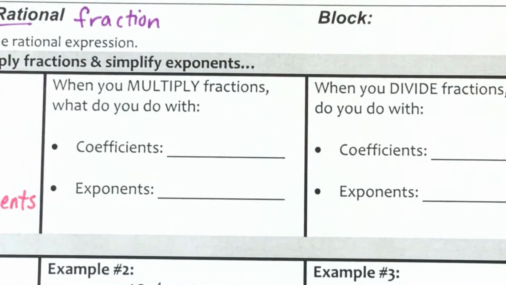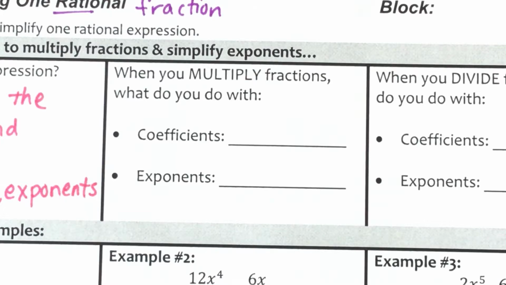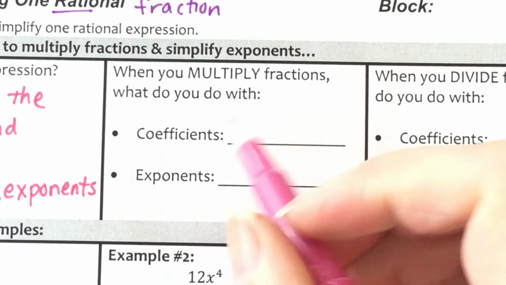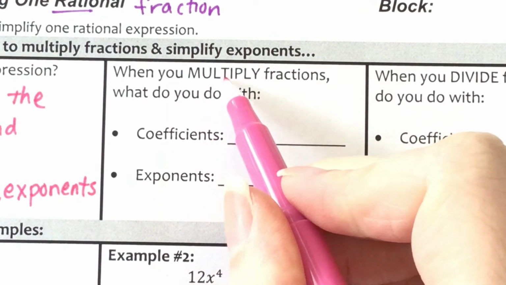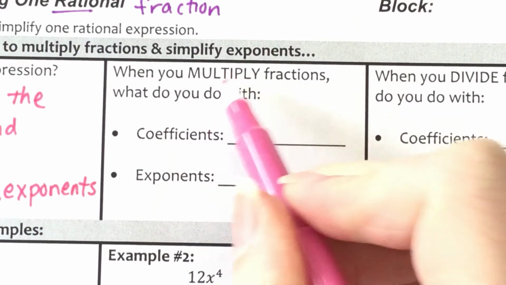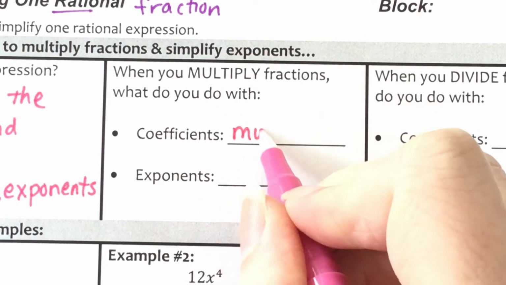All right, so let's review multiplying. When we multiply together our fractions, we multiply top times top and bottom times bottom. Okay. Coefficients are the big numbers that are in the front, and for the coefficients, you actually multiply them out. So whatever it says to do, like multiply, that's what you do with coefficients.